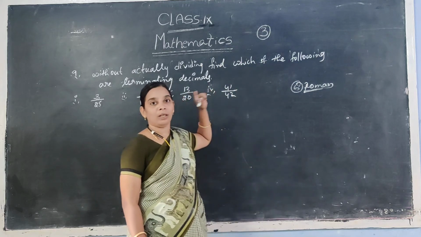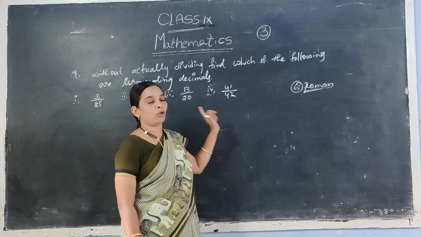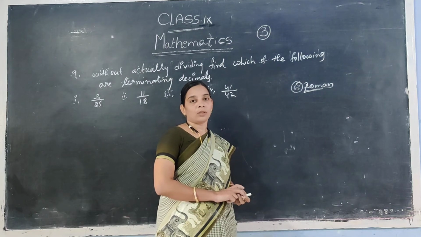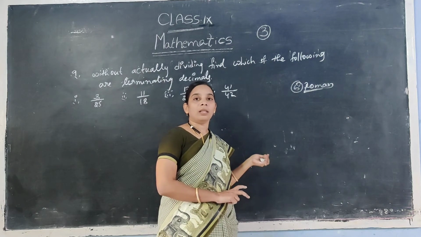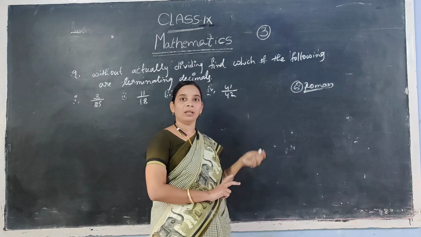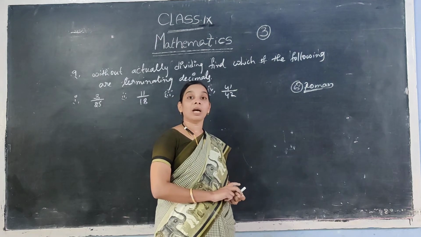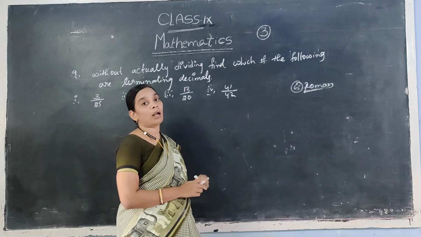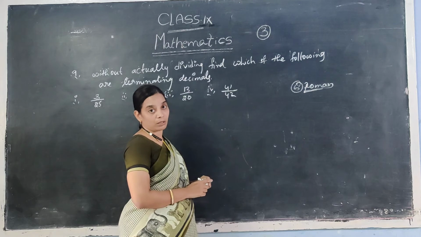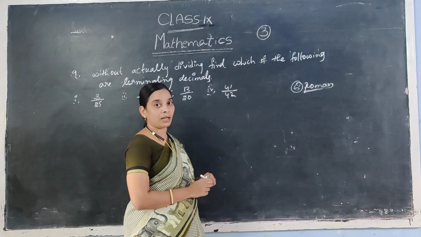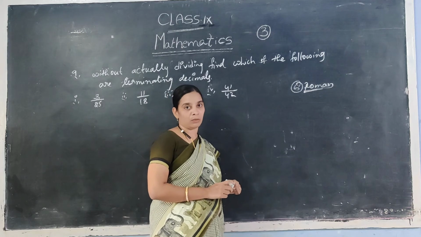That time I explained one condition: in the first Roman sums, all the denominators are in zeros. So that means all the denominators are the factors of 2 and 5. So that's why all the decimals will give the answer as terminating decimals. But in the second Roman, all denominators are not the factors of 2 and 5. So all answers are non-terminating recurring decimals.